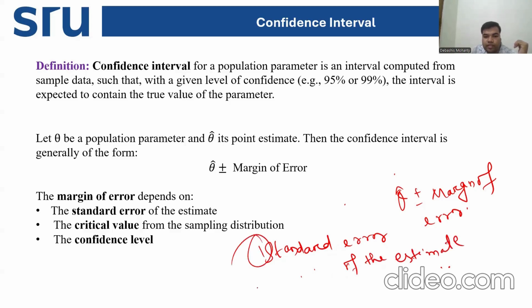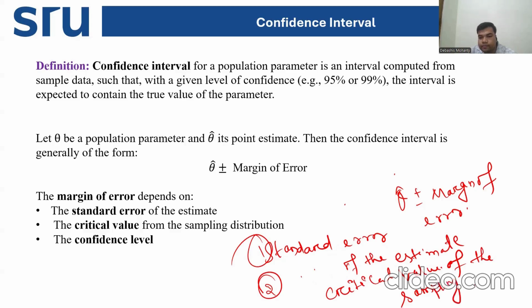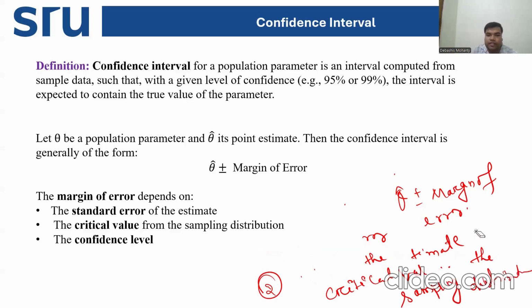In the second point, you can see the critical value of the sampling distribution. Right, students? Lastly, the confidence level.